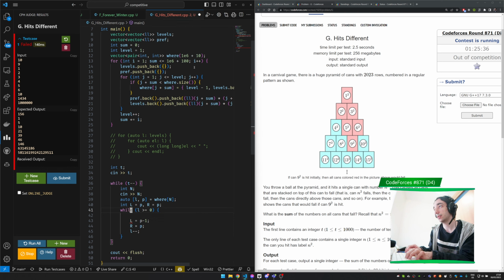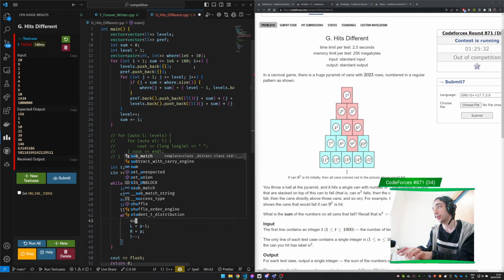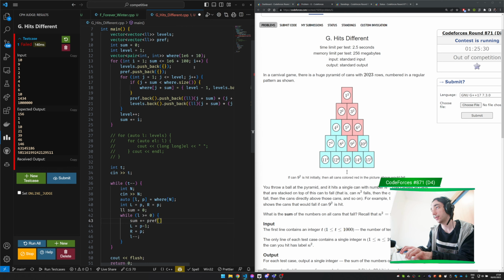So the sum here is prefix at r minus prefix at l minus 1, otherwise 0.